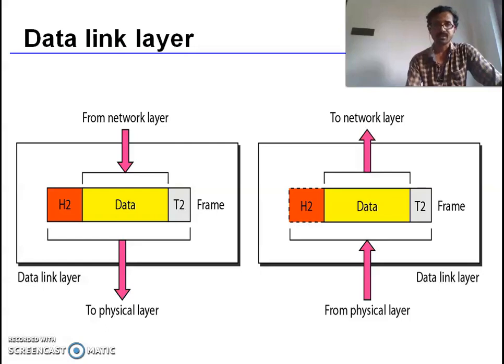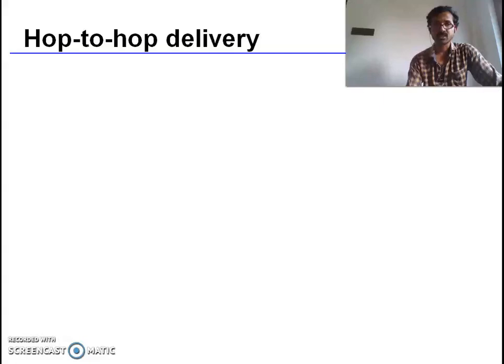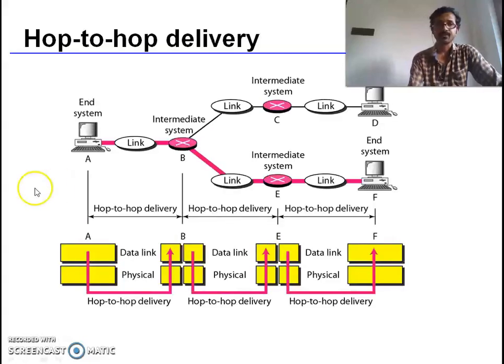This is the main responsibility of the data link layer. Already I told you that the data link layer is responsible for moving frames from one hop to the next hop. The representation of hop to hop delivery is like this. This is the sender, these are the receivers, these are the intermediate systems. The frame goes from the sender system to the next system, which is the next hop.